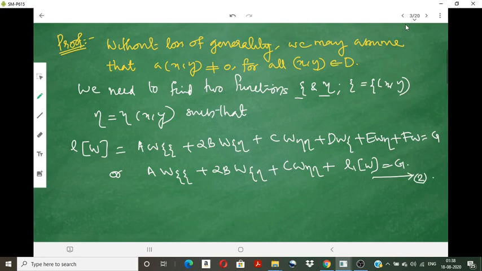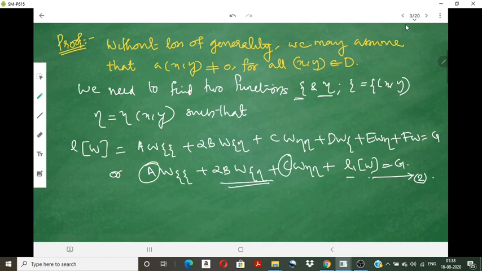Then we need to find two functions theta and eta in which the transformed equation has only these terms plus L1 of W. That means the coefficients A and C must be equal to 0.